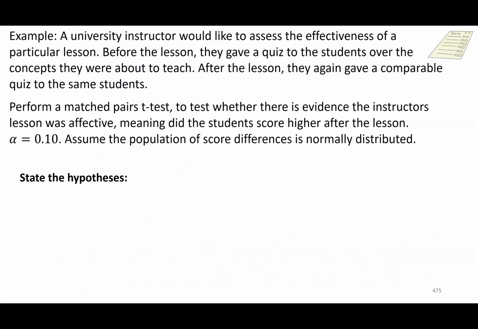So state my hypotheses. I kind of got ahead of myself there. The null, so mu d, that's my mean difference. And by default, we're going to say it's equal to 0. And then my alternative, so I'm still going to want mu d, still going to want 0.